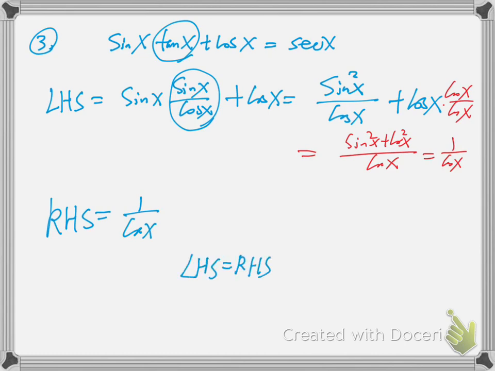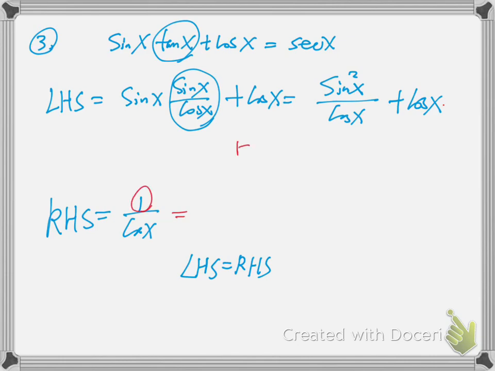Okay, we used common denominator on the left hand side. But if you didn't realize you can use common denominator, you can change the number 1 in the right hand side to check the identity. So what's 1? 1 is sine squared plus cosine squared.